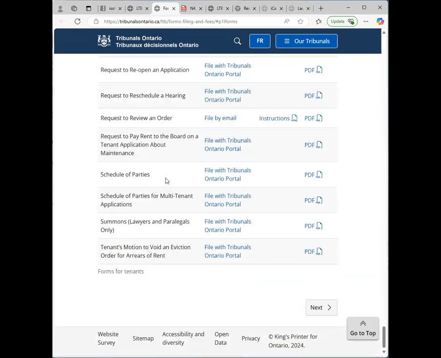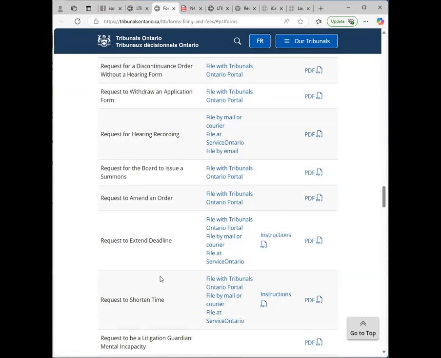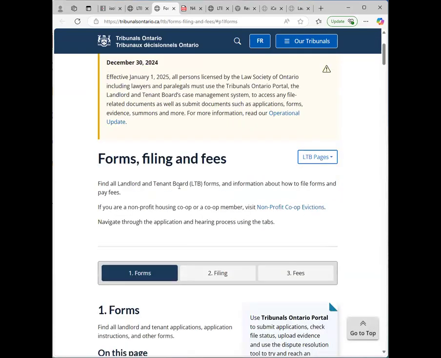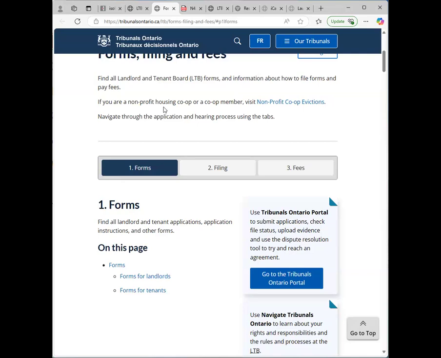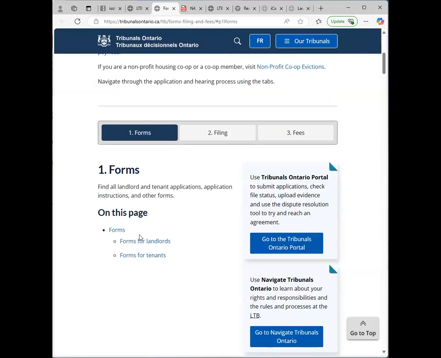So this is even more robust than British Columbia. Whoever is doing the pre-made forms in Ontario is doing an incredible job. I just want you to understand. And by the way, this is what you do if there is an issue with your dispute. If you're going to file a dispute, it says specifically on here, forms for landlords, forms for tenants.